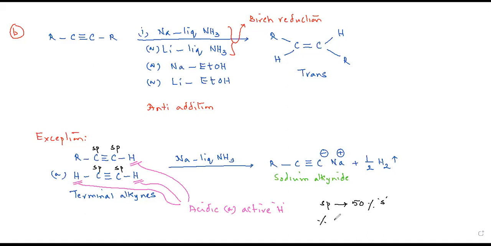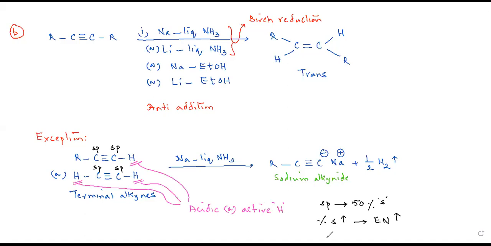It is a known fact that when percentage s character increases, they'll be closer to the nucleus because s electrons obviously are closer to the nucleus, right? As a result, electrons are more attracted, more bound to the nucleus. So electronegativity will be more.